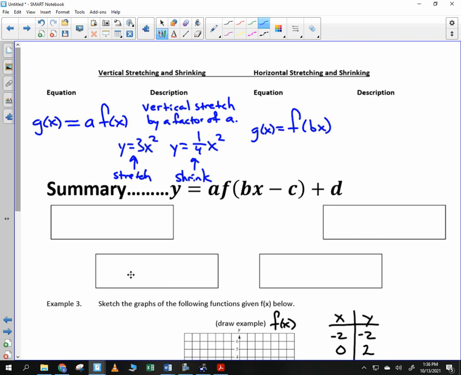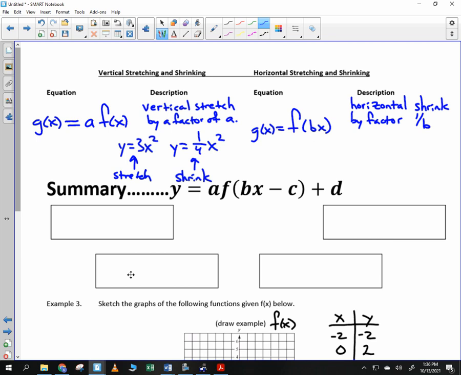That's going to be a horizontal shrink by factor 1/b. So on the inside, it's opposite of what you think. When you see it on the outside, you could say, oh, it's going to multiply it by whatever number you see. On the inside, it's opposite, so it's your reciprocal value.